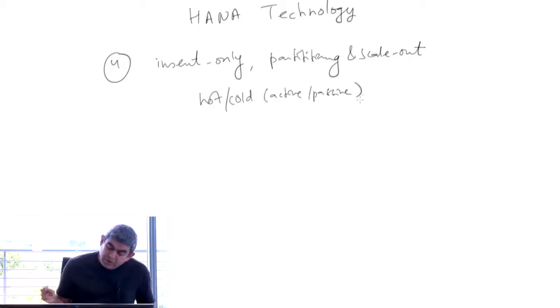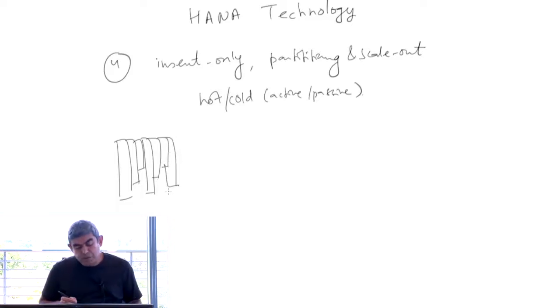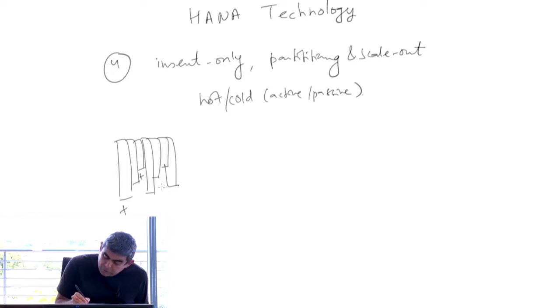So insert only: when we have a column store, a great way to deal with transactions that come in is to simply insert them. And so you add new entries in there.